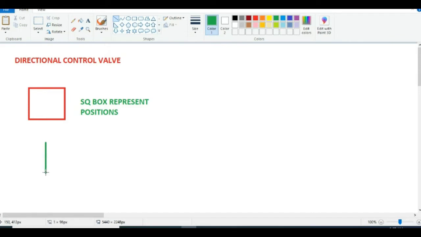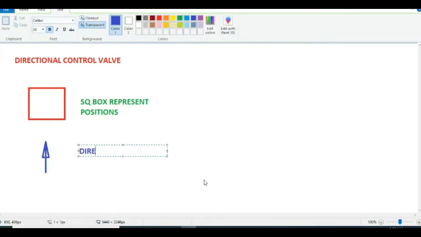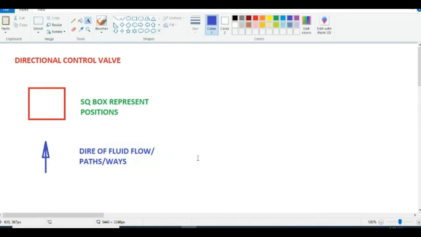That arrow indicates the direction of fluid flow, or you can say the path, or ways. Direction of fluid flow, paths or ways. Now I will show you one example of how to read the direction control valve.